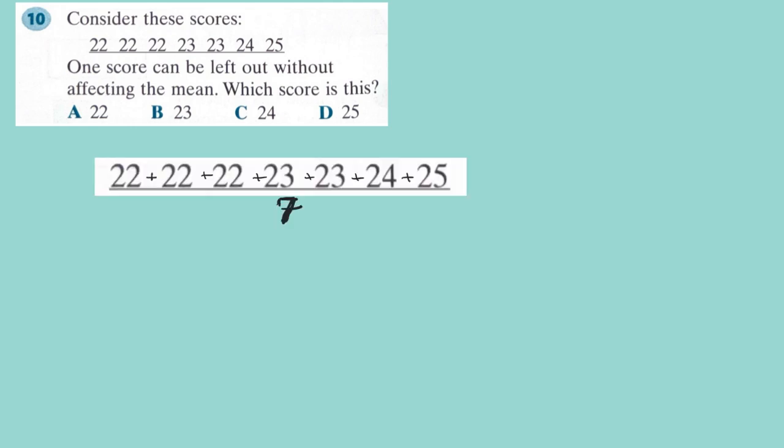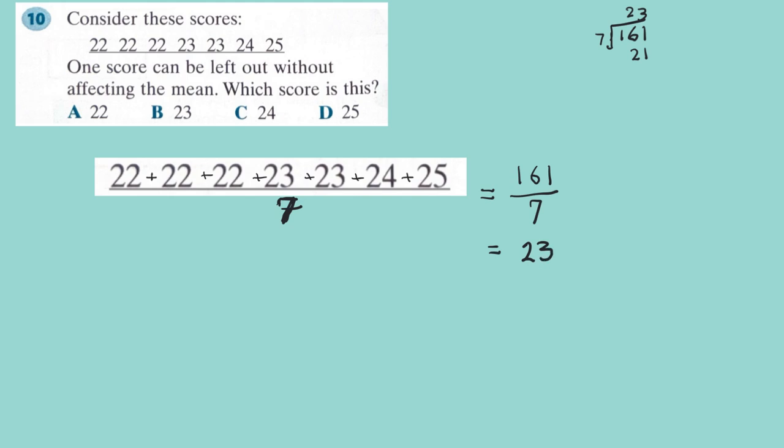And so when we add all these scores together, we get 161 divided by 7, and that will give us, into 16 goes twice, add 2 over, so it'll be 21, and 7 into 21 goes 3 times. And that means that the mean is 23.